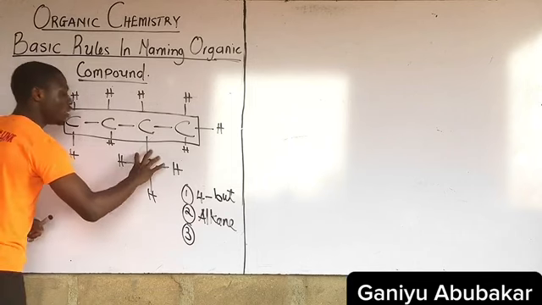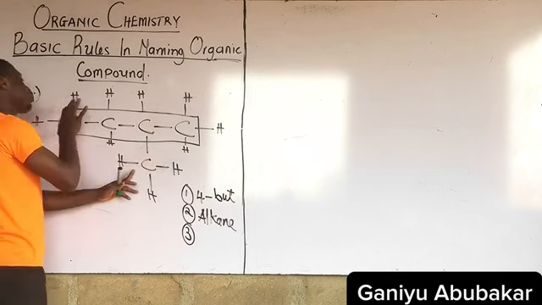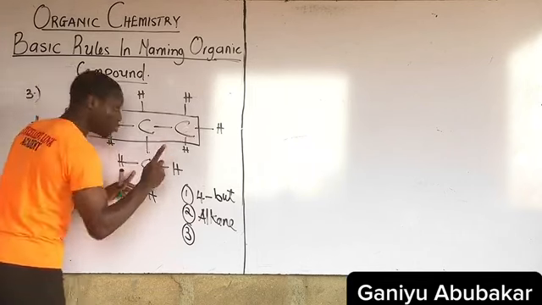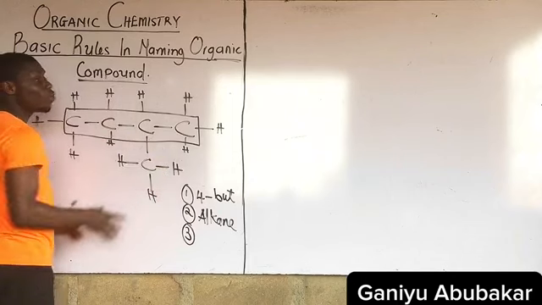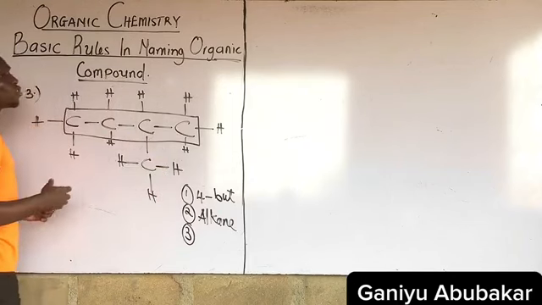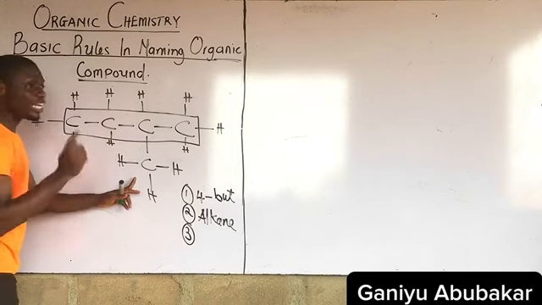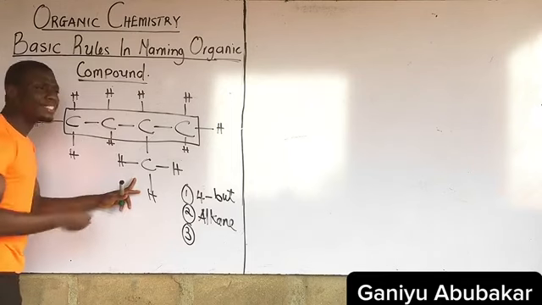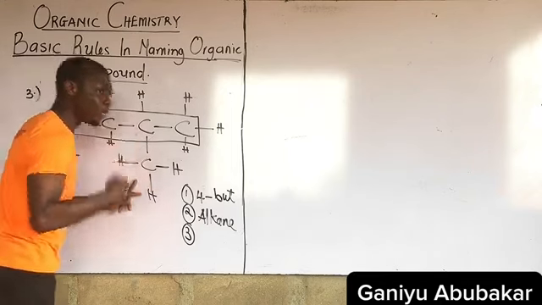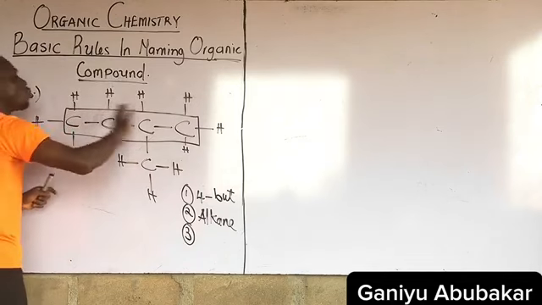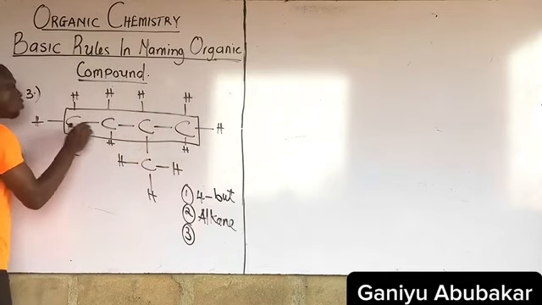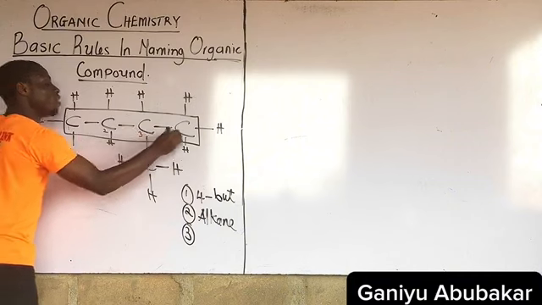Of course, this one is a substituent, because it's not part of the root hydrocarbon. So when it comes to rule 3, do your numbering such that you have the least or lowest possible number for the substituent. If I do my upper numbering, this is carbon 1, 2, 3, 4.